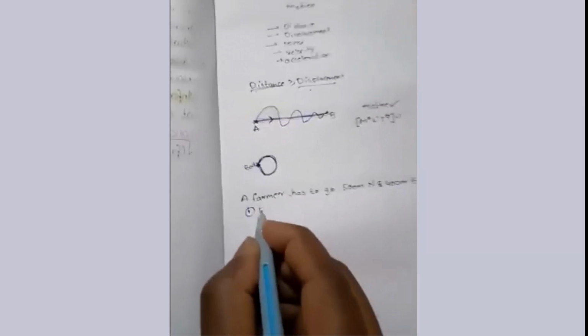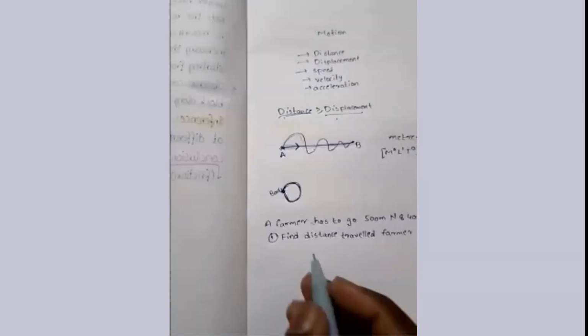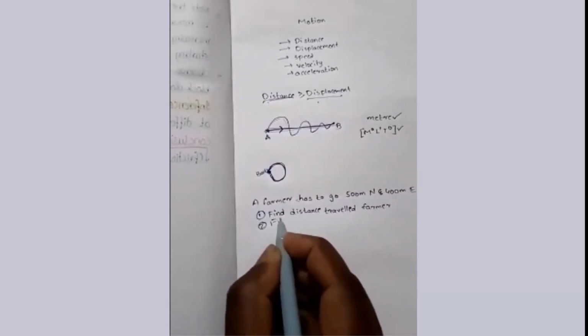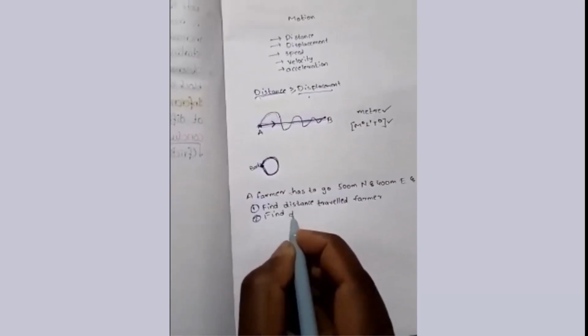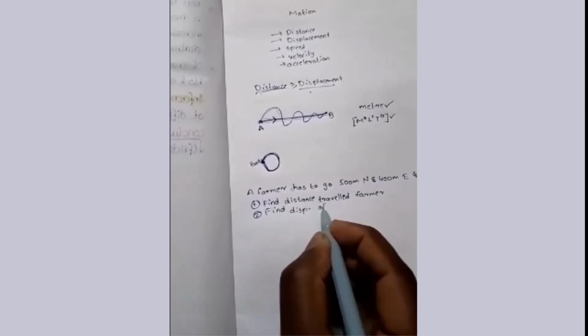First, find the distance traveled. Second question is, find the displacement of the farmer.